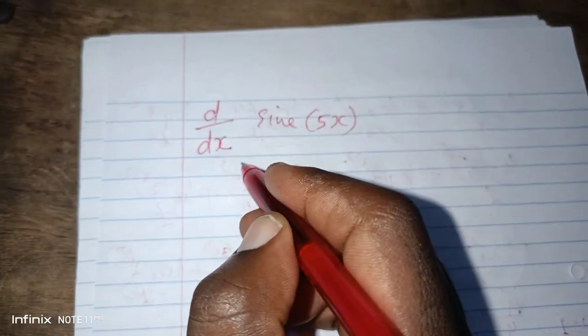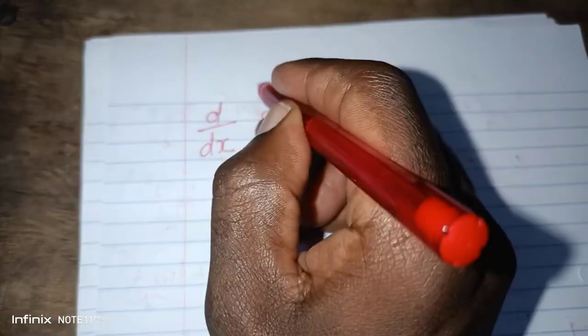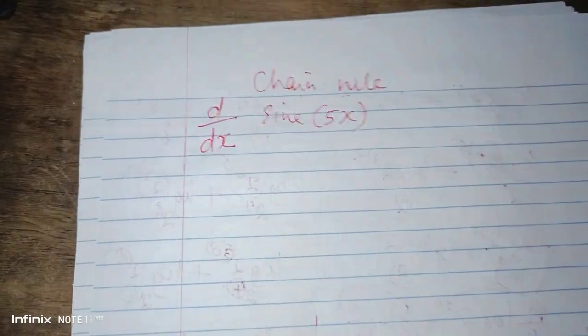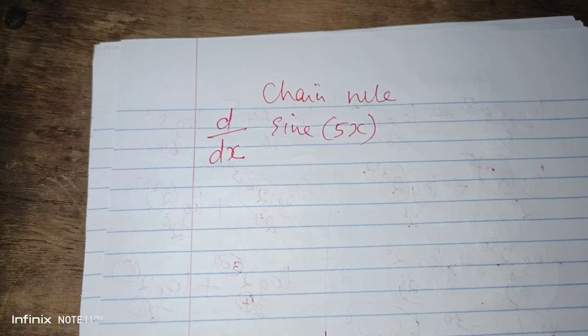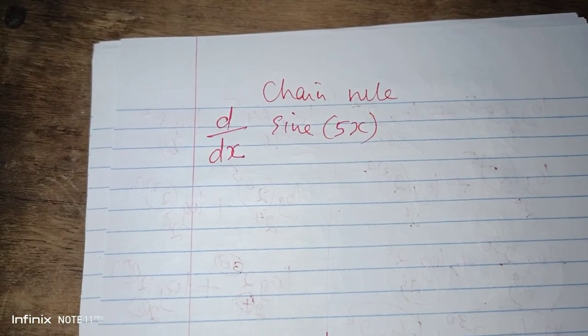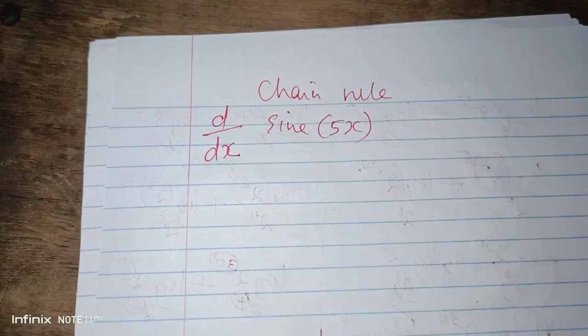So I'll first tell you that with the chain rule, it is very clear. It tells us that you pick the derivative of the inner function, you multiply by the derivative of the outer function, and you have the derivative of that function.